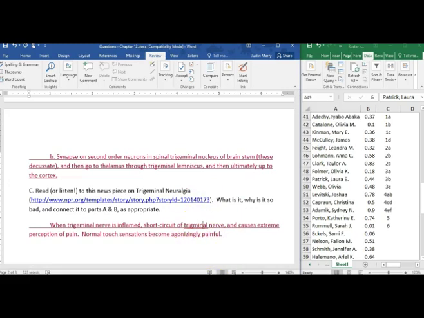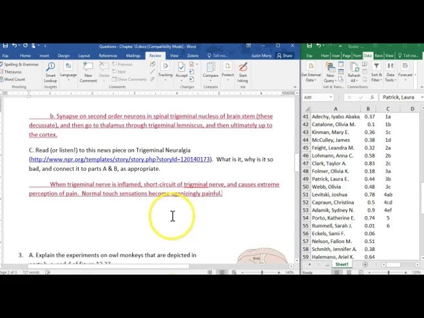It's supposed to be one of the most painful things a person can experience, where you feel like your face is being electrocuted. The stimulus can be as light as a smile, or water hitting your face in the shower, and it results in horrible, agonizing pain. It's directly related to the trigeminal pain pathways and touch pathways cross-talking and getting messed up because the trigeminal nerve is getting pinched somewhere along the way.